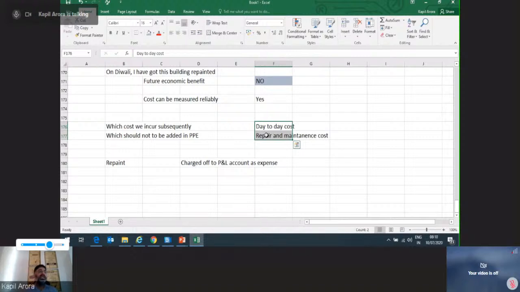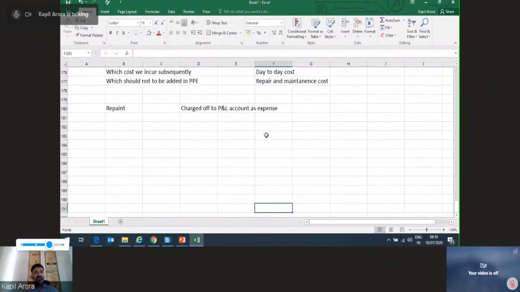Rest everything we are considering that they are going to give us future economic benefit and we are going to add that. Right, Rosalind. Exactly. So we can understand the concept that yes, this is a kind of maintenance instead of asset value. Hope this is fine with all.